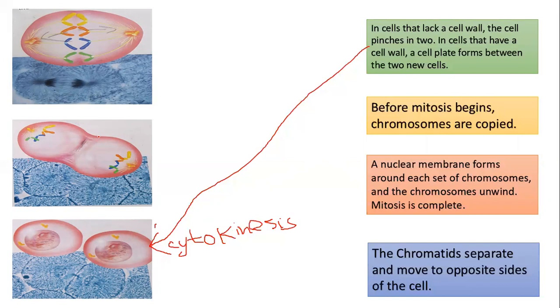Yes, here the nuclear membrane forms around each set of chromosomes. The chromosomes unwind. So this sentence represents this picture. What do we call this phase? Yes, excellent, telophase.